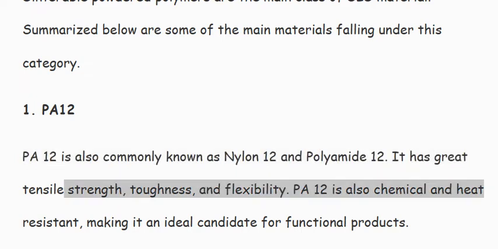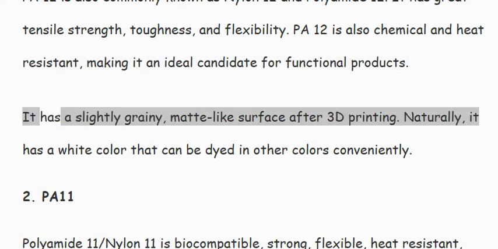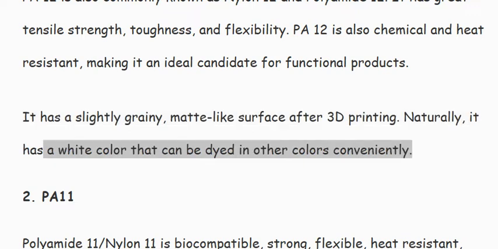It has great tensile strength, toughness, and flexibility. PA 12 is also chemical and heat resistant, making it an ideal candidate for functional products. It has a slightly grainy, matte-like surface after 3D printing. Naturally, it has a white color that can be dyed in other colors conveniently.